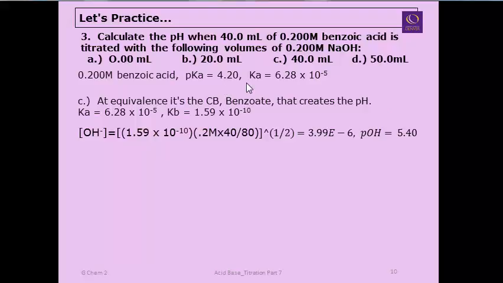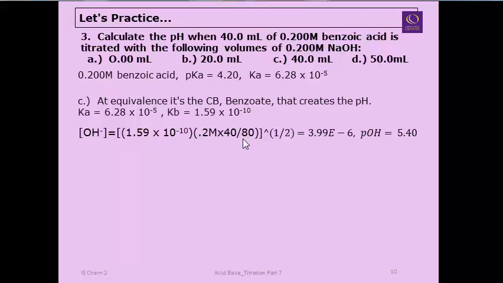And remember, if I knew the Ka, I could find the Kb, because if the Ka is that, I divide it into 1 times 10 to the minus 14, so the Kb is this, 1.59 times 10 to the minus 10. I take the Kb times the concentration of the conjugate base that's been created, and the way you figure that out is by how much acid was there originally times the volume of acid originally divided by the total volume.